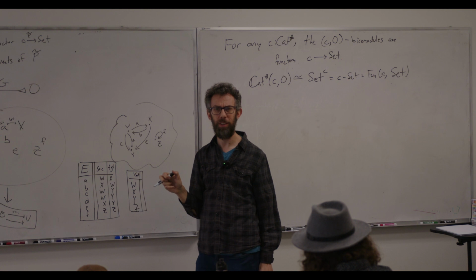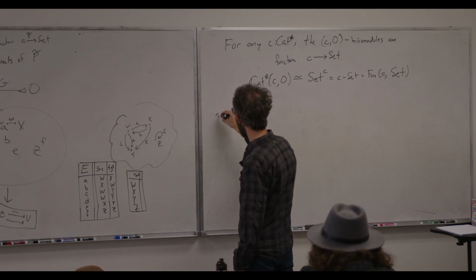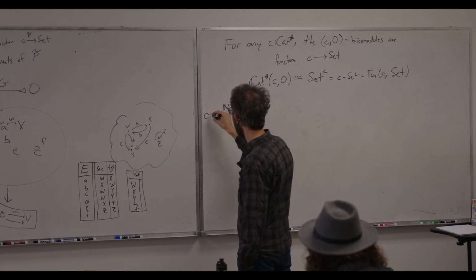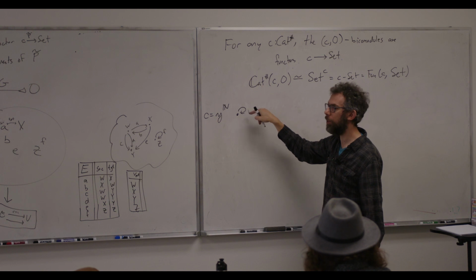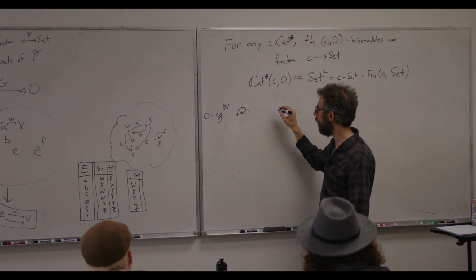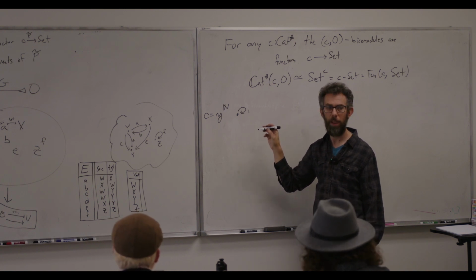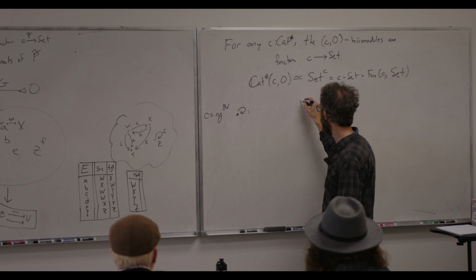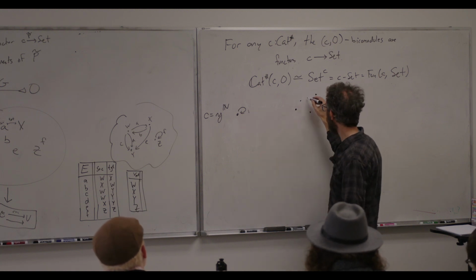Should we do another one? I don't know. Like if C is y to the naturals, it's this thing where we're allowed to go over and over and over. It's the free category in that. Then what is a functor from C to set? Well, it would be a set where we know how to advance.